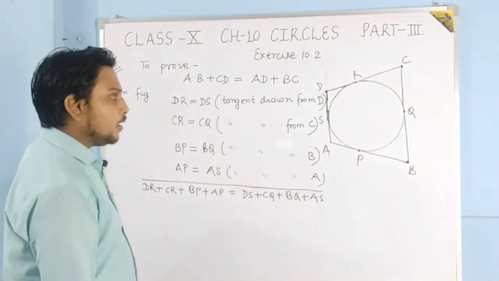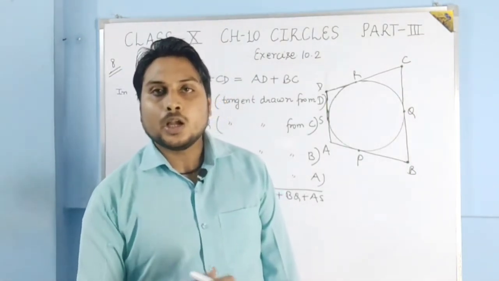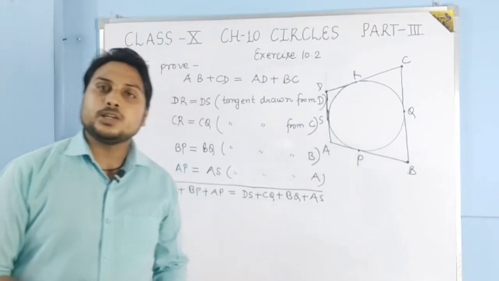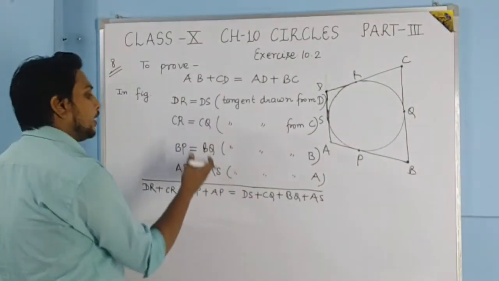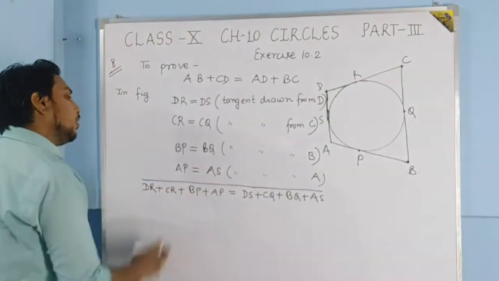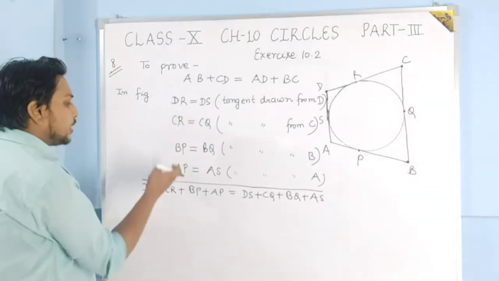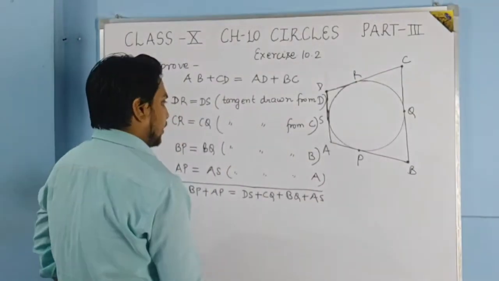I have applied the property that if tangents are drawn from an external point to the circle, the lengths of the tangents will be equal. After applying that property, we got these four equations, and I have added all four. So the left hand sides will be added to the left hand side, and right hand sides to the right hand side.